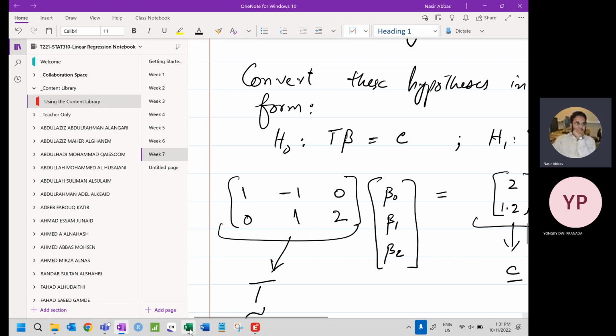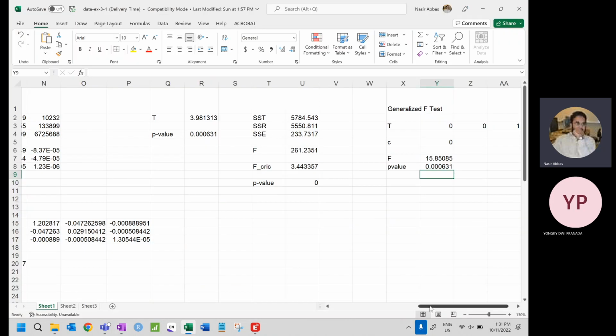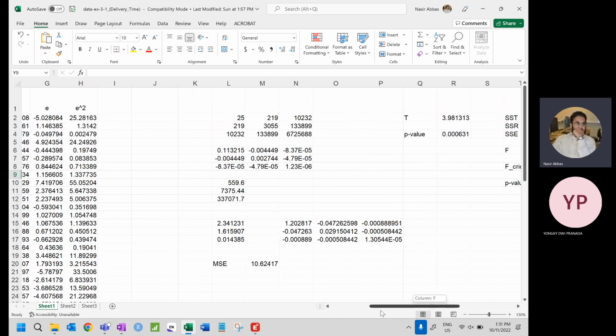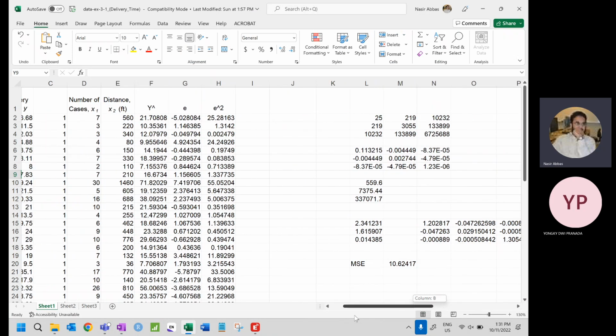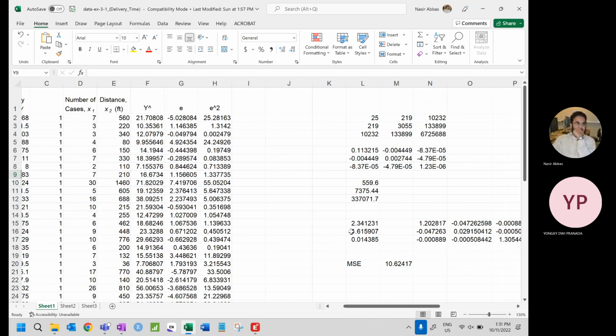So now let us try to test one more constraint, one more hypothesis, which actually does make sense. Now, what I did is I found beta 1 plus 10 times beta 2, and I got 1.9. Suppose this is after... I should not do this.